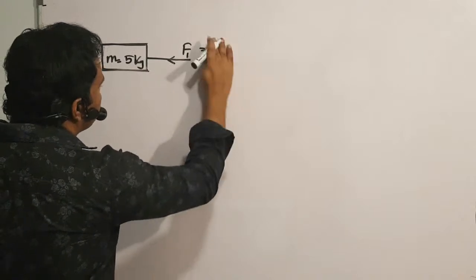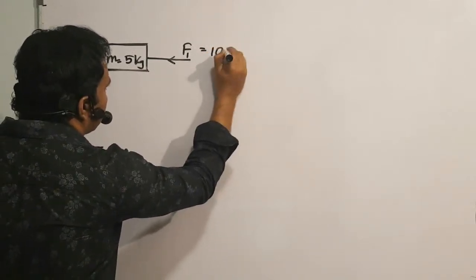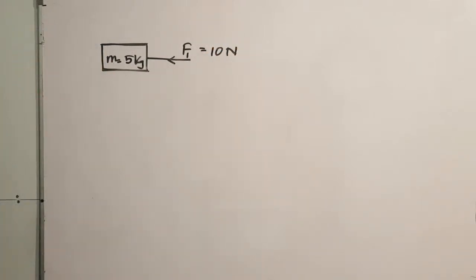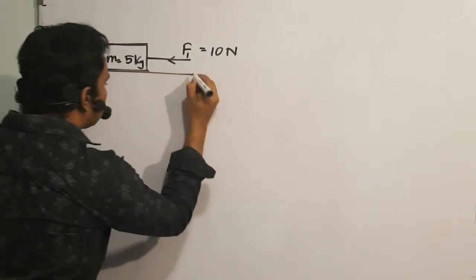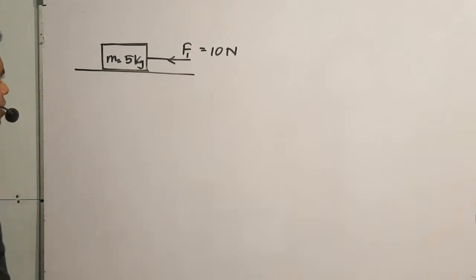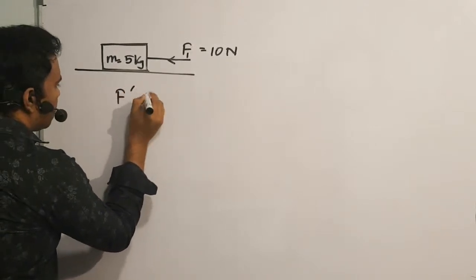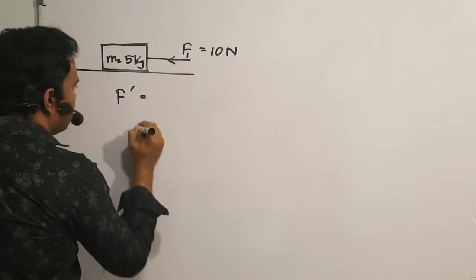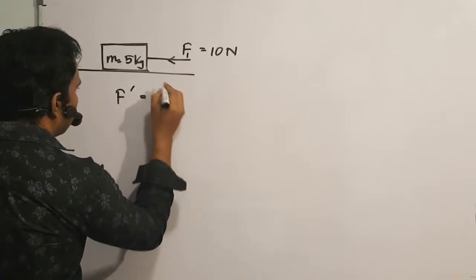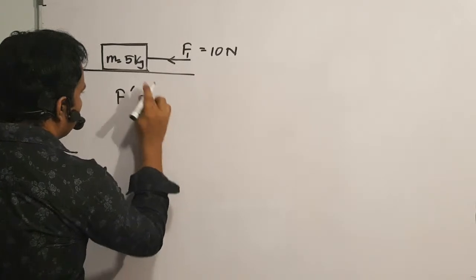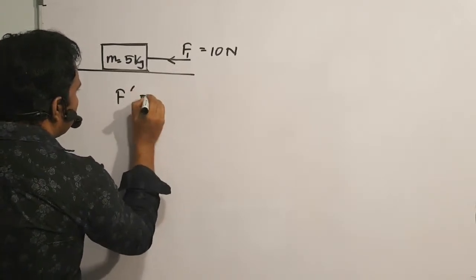F1 equals 10 newtons. The frictional force F dash of the object is, let's assume that's X. It is not given. Friction එක පුතා දීලා නැහැ.